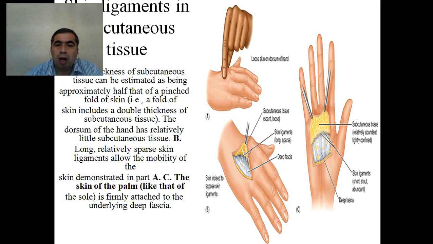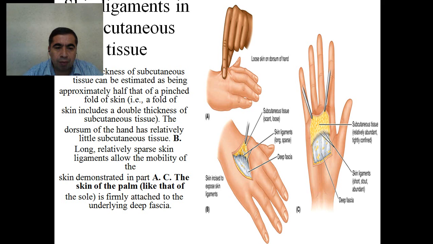In this picture, in A, you are looking at how the thickness of the subcutaneous tissue can be estimated as being approximately half that of a pinched fold of the skin. It means the fold of the skin includes the double thickness of the subcutaneous tissue. The dorsum of the hand has relatively little subcutaneous tissue.